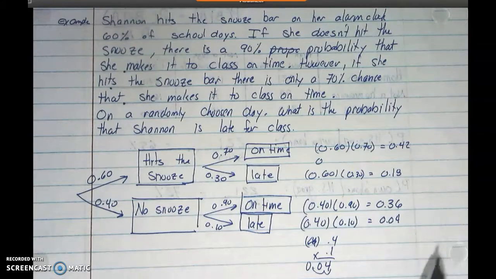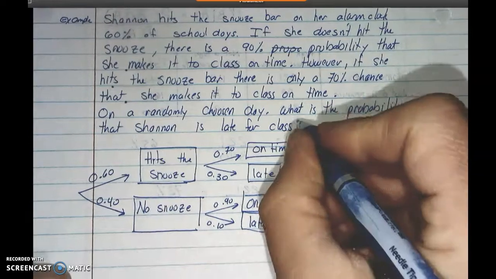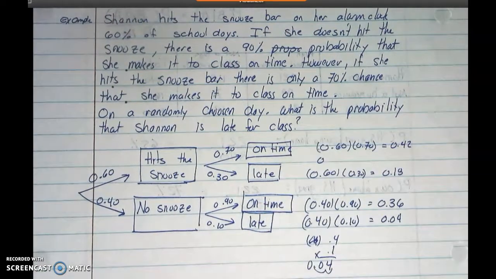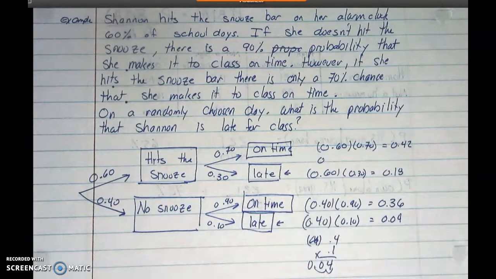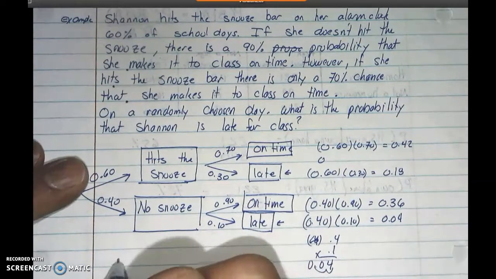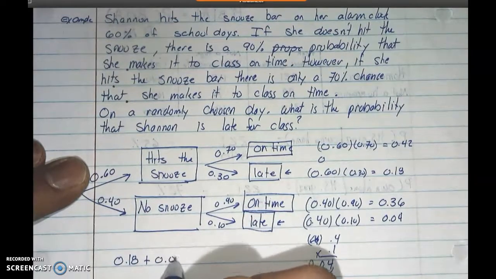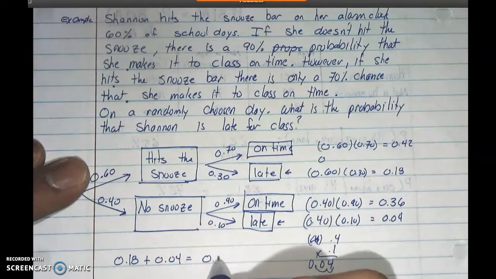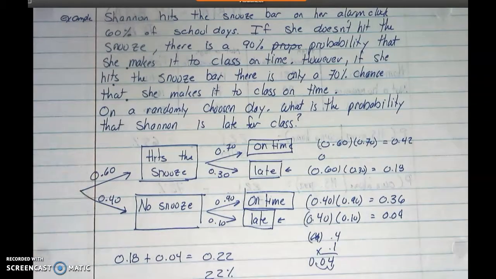So the question was, on a randomly chosen day, what's the probability that Shannon is late for class? This is what we're worried about: when is she going to be late? So we're going to take our 0.18 and add it to the 0.04 for a 22% chance that she will be late for class.